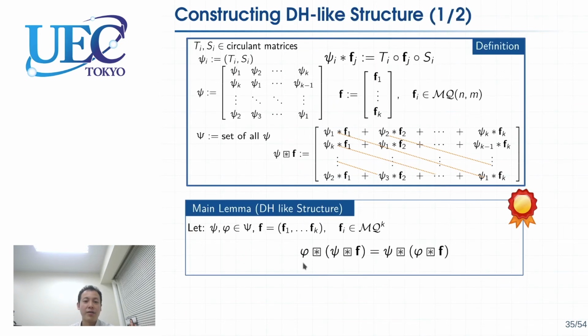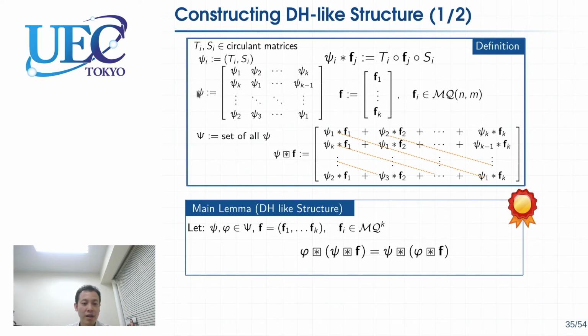Next is our discovery. Here, instead of having one line, we define new notations for simplicity. So this psi i here is the pair of the secrets, and the star operation of psi on F is actually the composition of these.